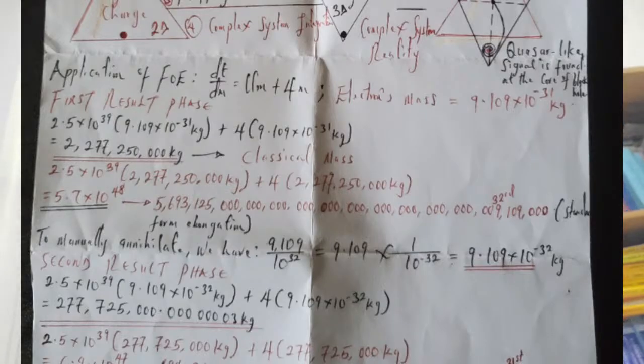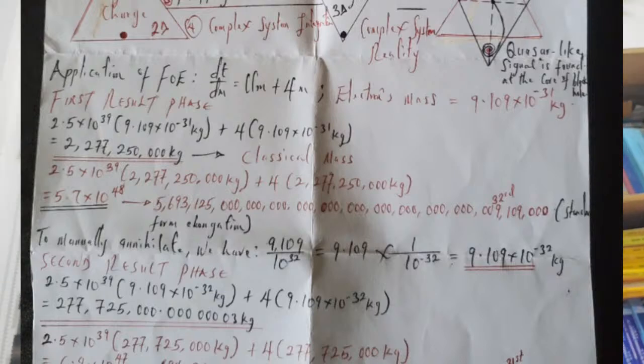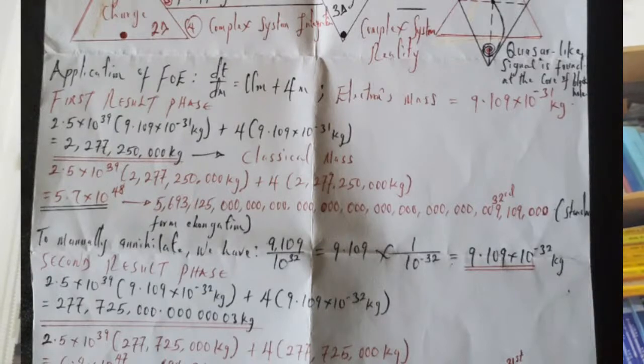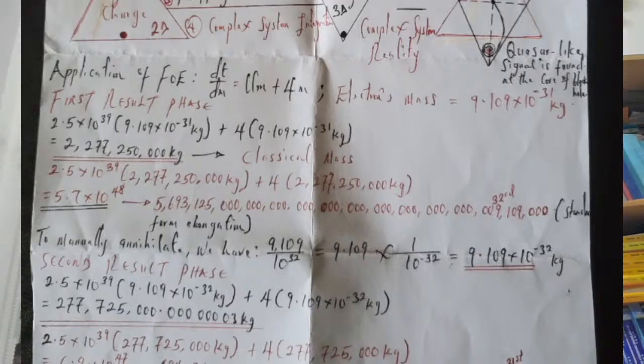I want you to take note of how we usually have this value of power and just the normal base value. When the classical mass was gotten, there is no power attached to it. So we have it in the form of 2,277,250,000 kilograms.